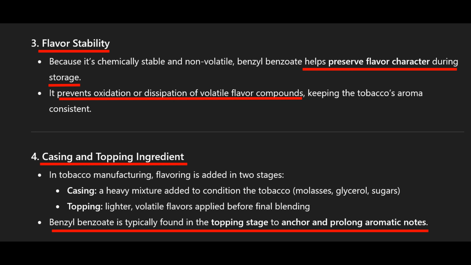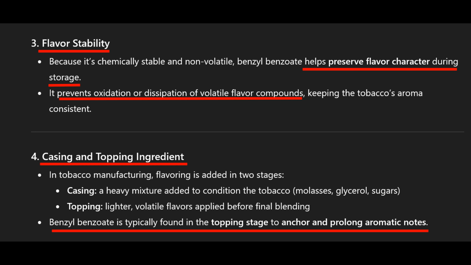Casing and topping ingredient. This is very important, okay? Benzoate is typically found in the topping stage to anchor and prolong aromatic notes. Actually, I have more about benzoic acid benzyl ester.